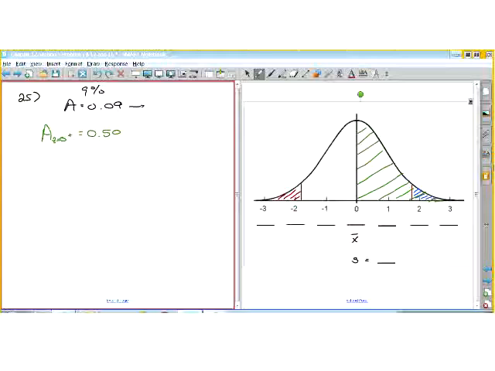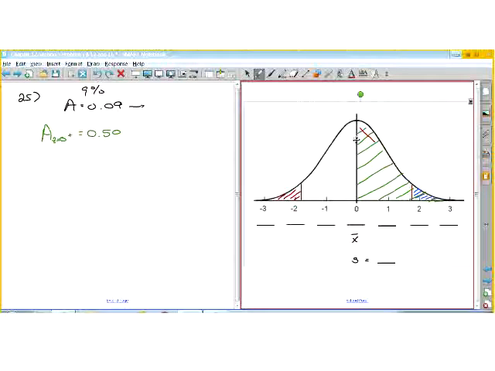Now, we also can find the blue, let's use red, the red area here. The table is set up for this area between here and some z-score.